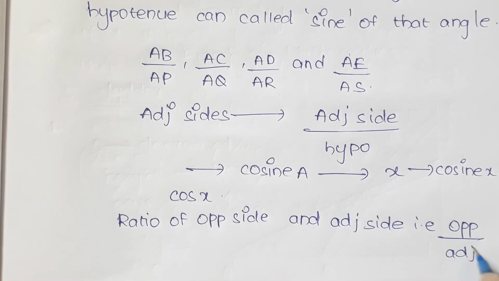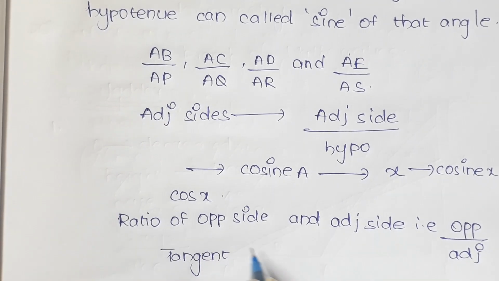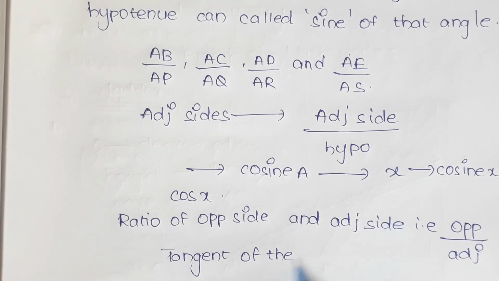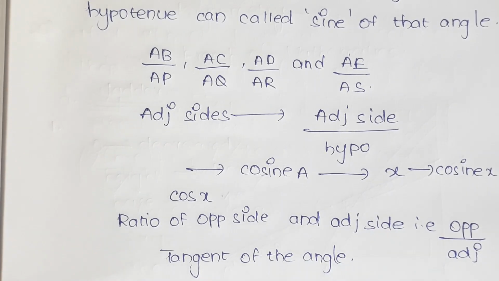It is called the tangent of the angle. It is nothing but tan. And up to now, we have seen sine, cosine and tangent. And now let us define the ratios of these three.